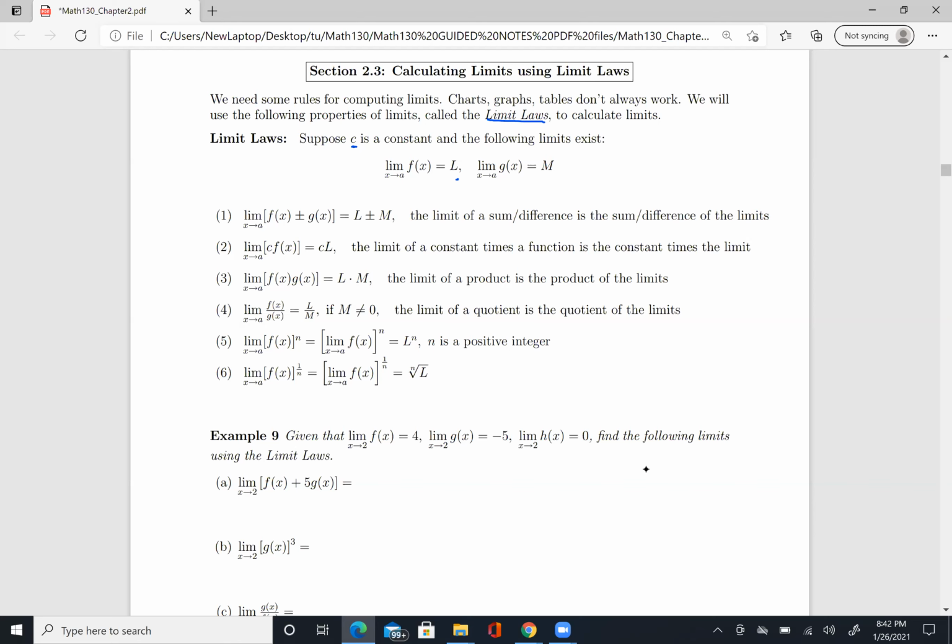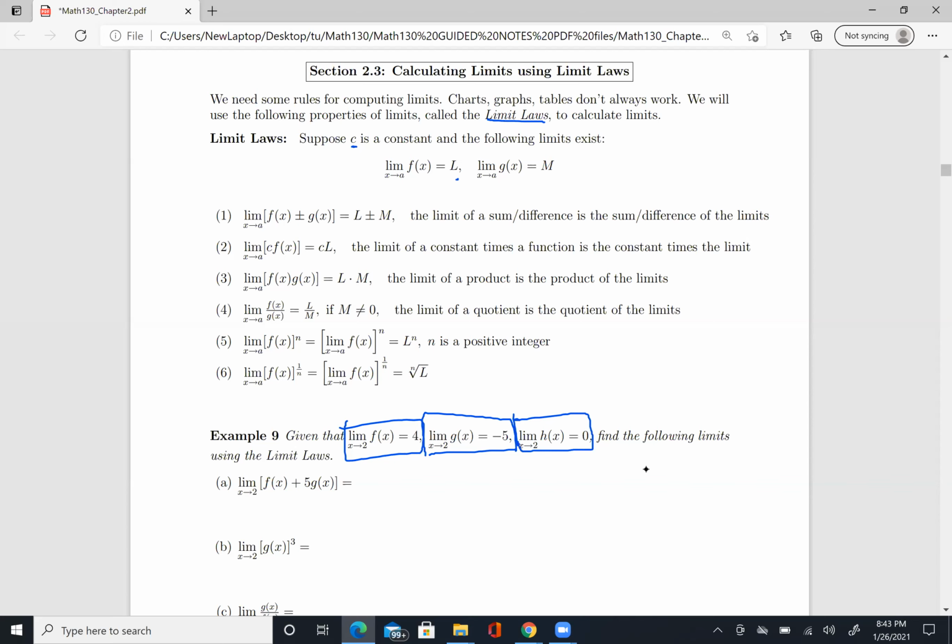So we're given the limit of f(x) equals 4 when x goes to 2, and the limit of g(x) when x goes to 2 equals negative 5, and the limit of h(x) when x goes to 2 equals 0.